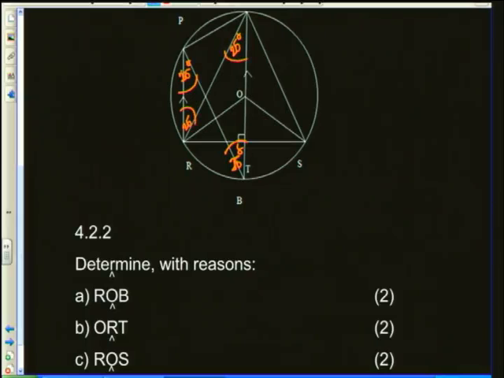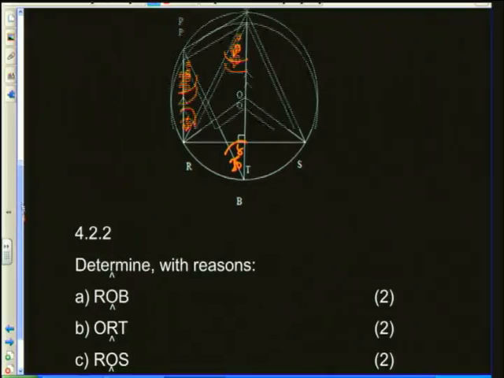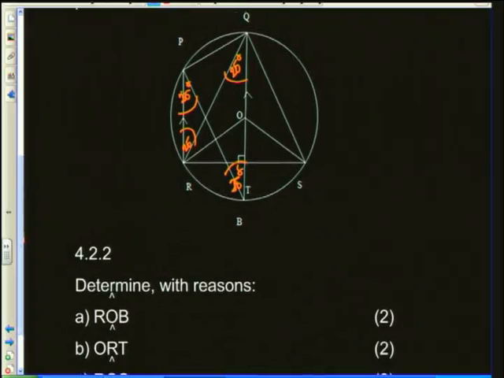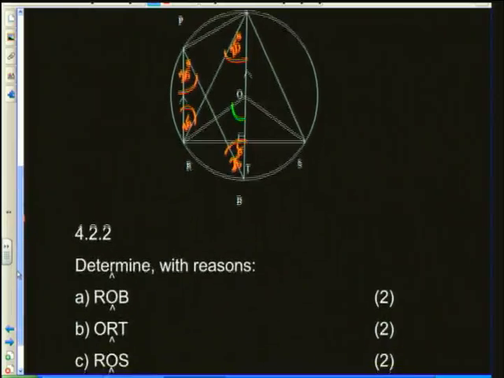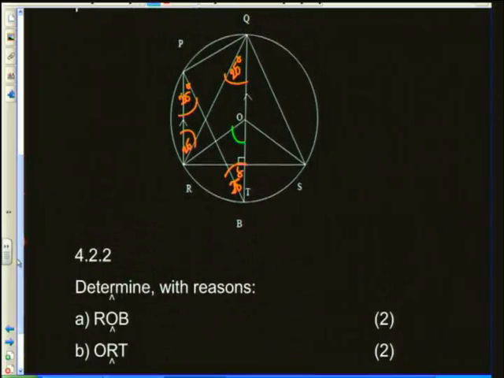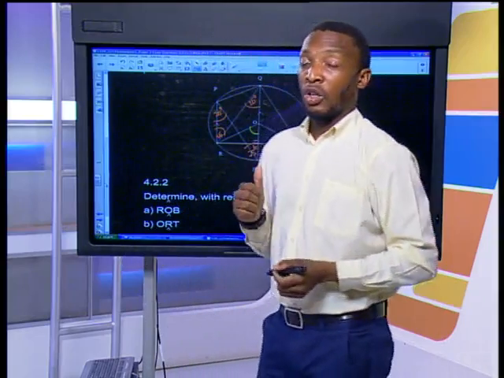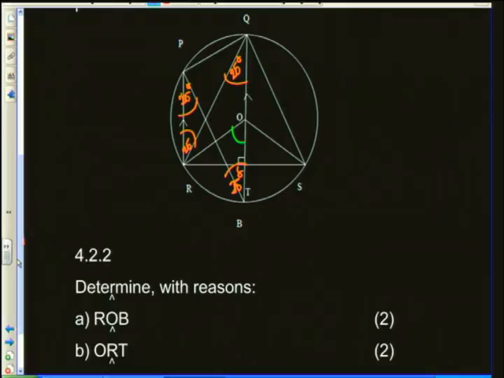Right, so we now need to work out ROB. Where's our ROB? Let's change colors. ROB is this angle here. How big is that angle there? ROB is an angle at the center of the circle. So perhaps we need to use the theorem that says that the angle at the center of a circle is twice the angle at the circumference. Is there an angle that is subtended by the same arc as ROB? Yes.